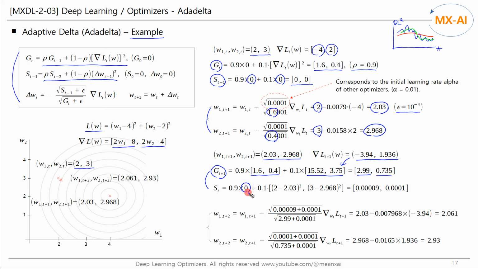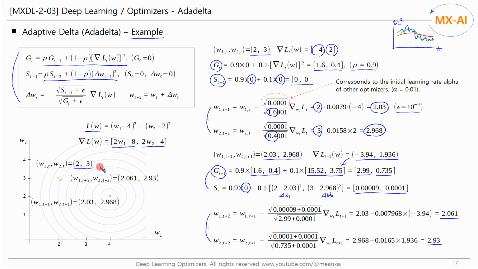Previous S is still 0, and delta W1 is 2 minus 2.03. And delta W2 is 3 minus 2.968. Therefore, S for W1 and W2 becomes as follows. Updating W1 and W2 using G and S gives 2.061 and 2.93.